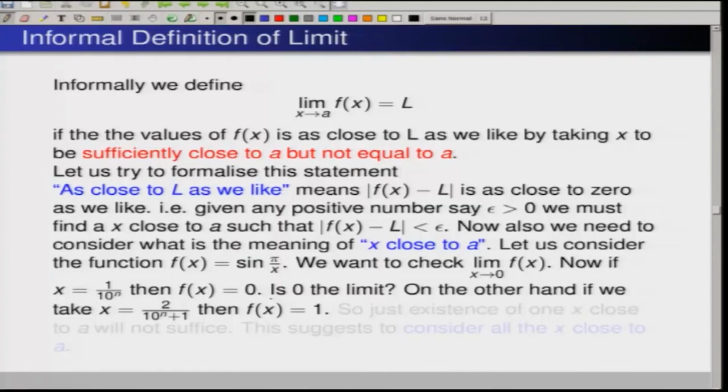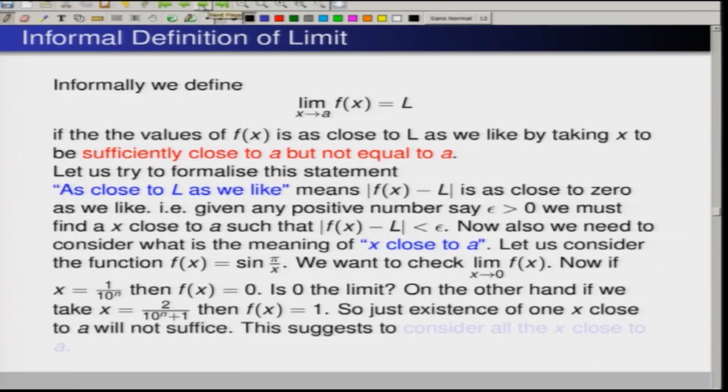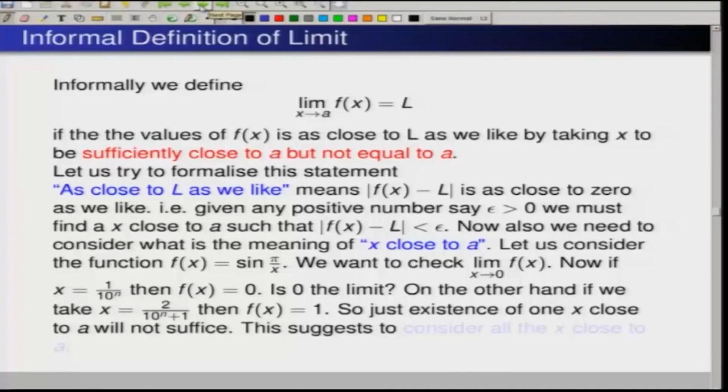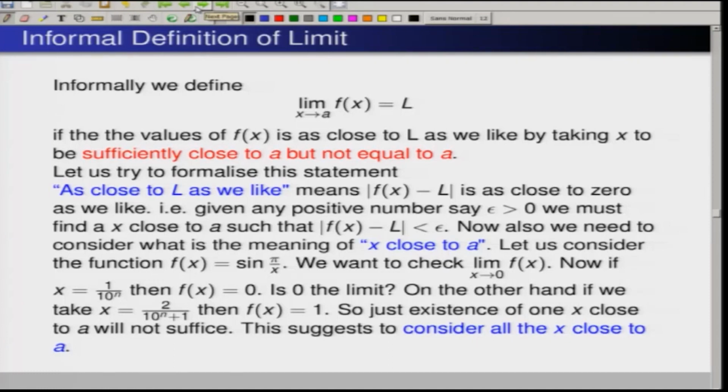So, by taking some close points I am saying that this is going to 0, and by taking other close points I am saying that this is going to 1. What is then the meaning of this x close to A? This suggests that we need to consider all the x close to A, but not equal to A.